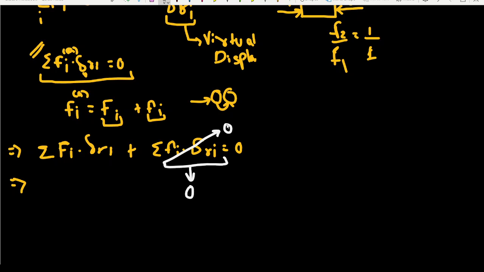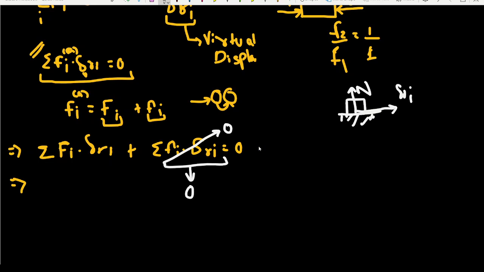This particular force of constraint does no work, because in general cases the dot product of the force of constraint and the displacement is equal to 0. Suppose I imagine a situation where there is a box lying on a surface. We say that the normal reaction is the constraint force, and in this direction, if there is a del Ri, you see that there is a 90-degree angle between them, such that their dot product is equal to 0 and work done is equal to 0.